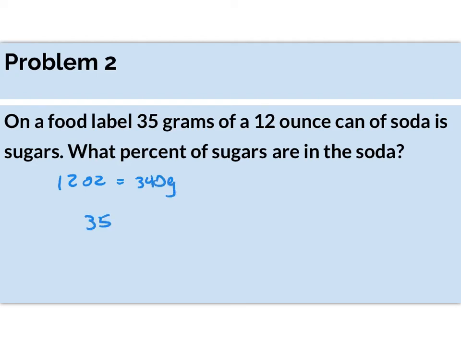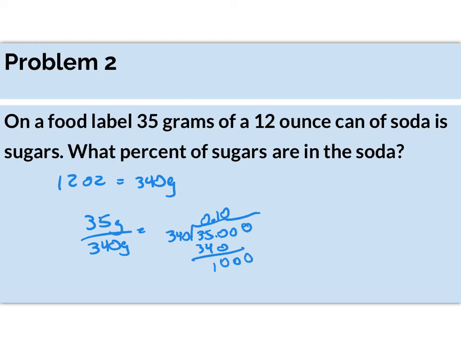So 35 grams divided by 340 grams. 340 goes into 35 zero times. We get 350, we bring down a 0, bring down a 0. We get 1,000. 3 times 3 is 9, but 3 fours are 12, so that'll make it go over, so it'll be about 2.